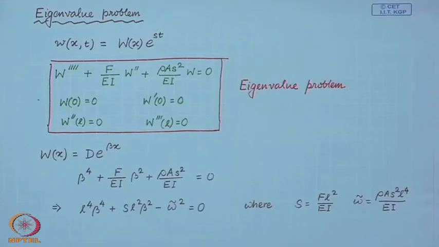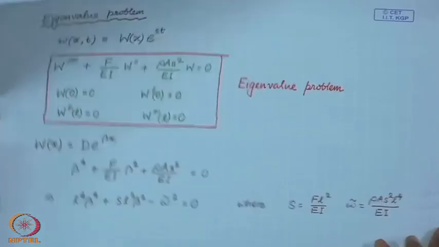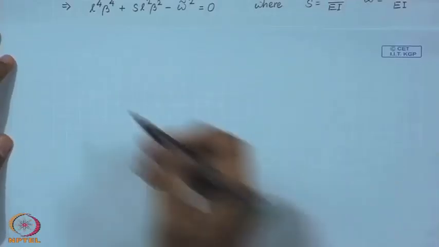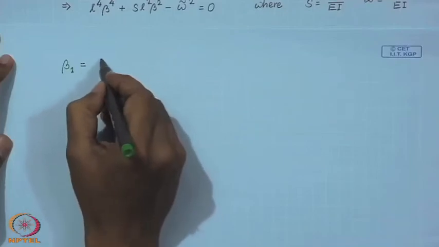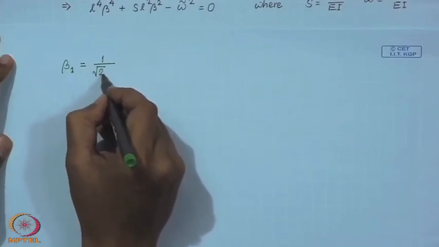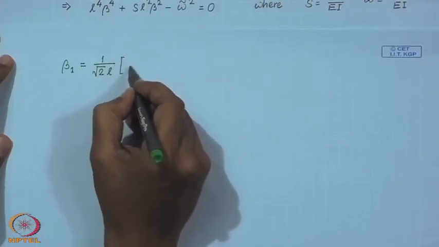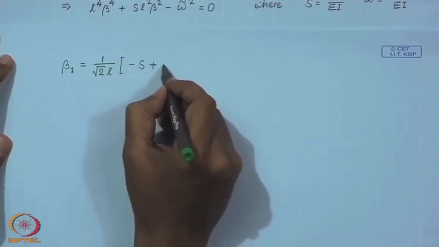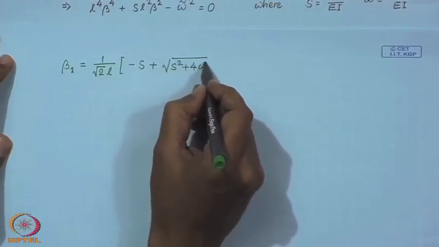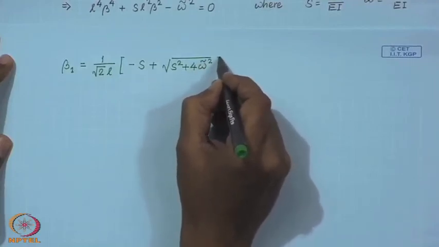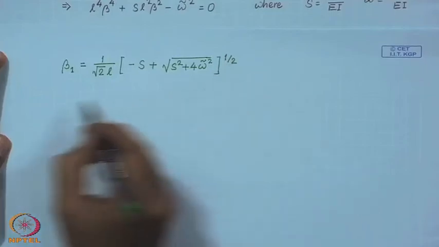So, using these definitions we restructure our characteristic equation in this form. Here we are going to solve for beta. We can see that there will be two solutions of beta. So, this is one solution of beta.